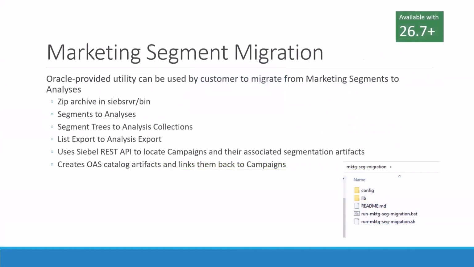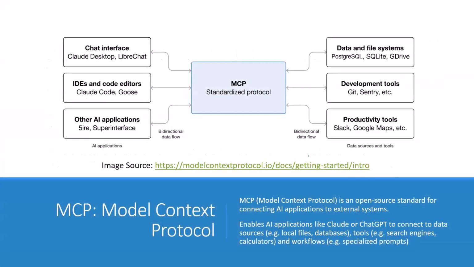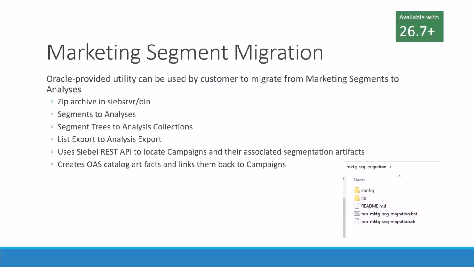Okay, so we still have a few things about 26.7, so let's continue on that. 26.7 did not only give us the AI connector, a real MCP server on top of Siebel Open Integration.